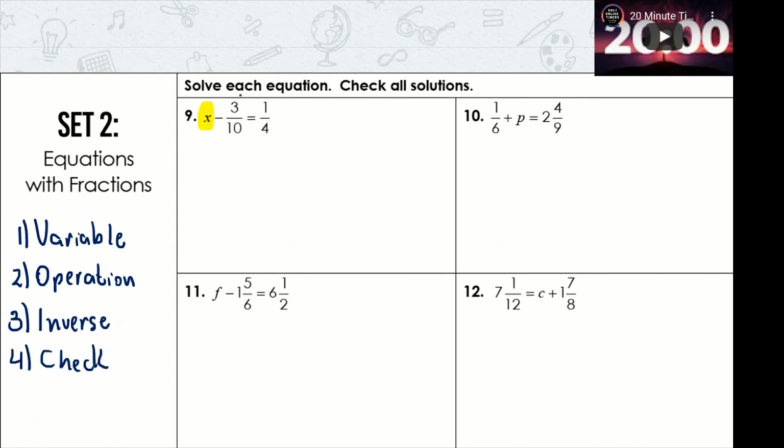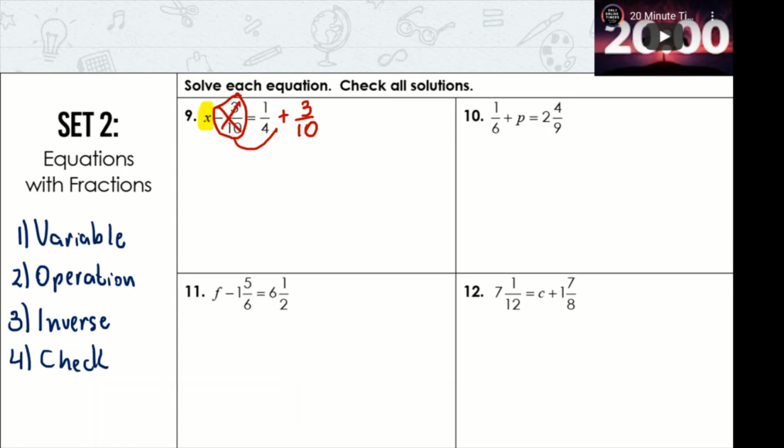We are subtracting 3/10. What is the opposite of subtracting 3/10? Adding 3/10. And right now, solve it as I taught you.